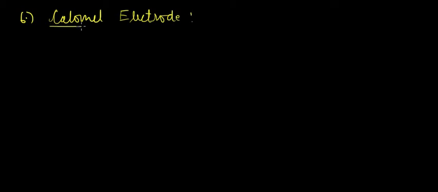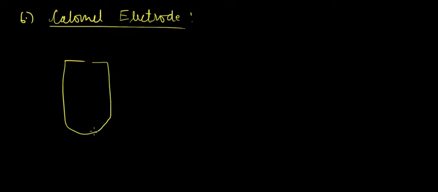Next we have the calomel electrode. So in the calomel electrode, what we have is this setup. We have a beaker type setup. So this is the apparatus in which again we have a solution of HCl aqueous.